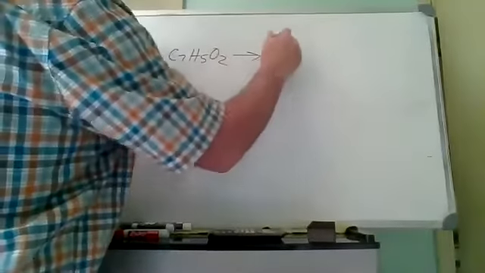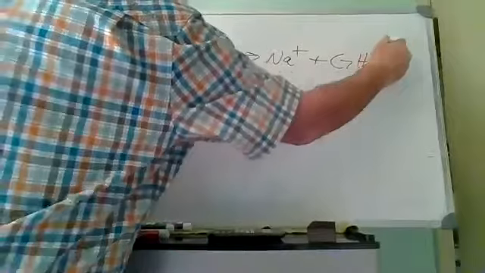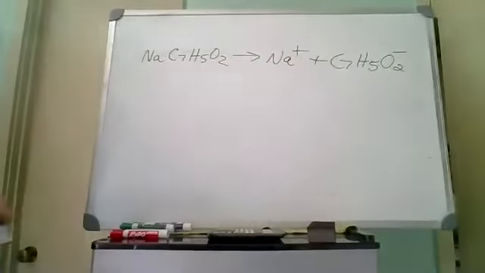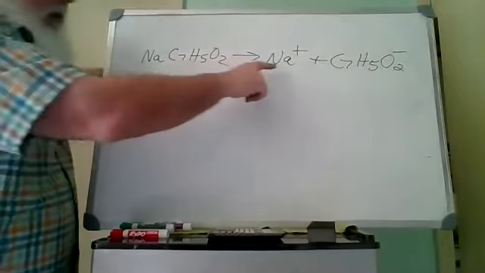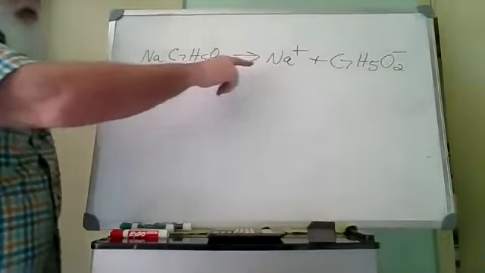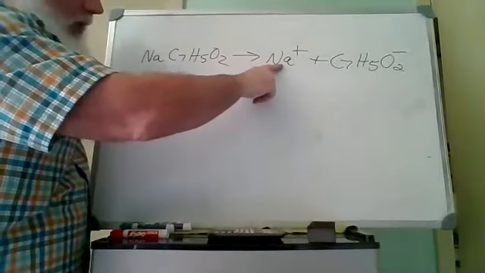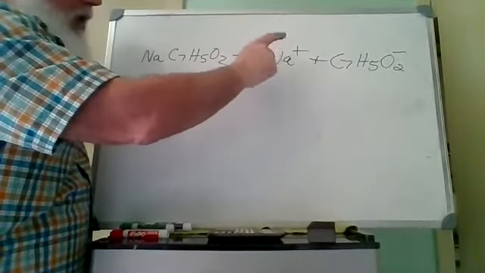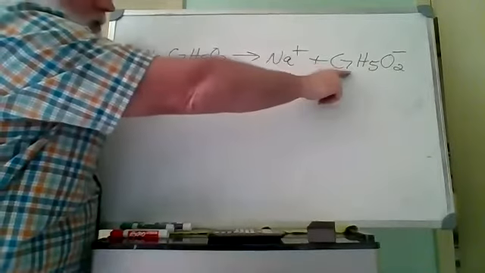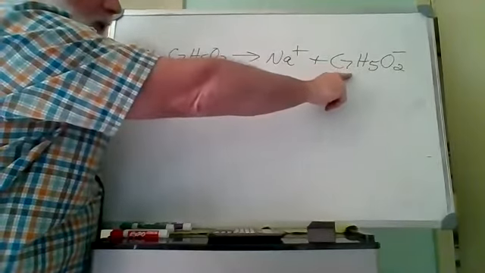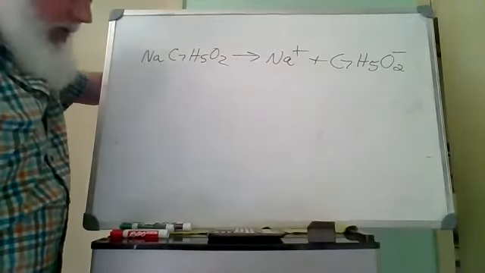I put it into water, it's going to become this, cation and anion. Now again, the sodium ion comes from dissociation of a strong base, so it's the conjugate acid of a strong base. It does not react with water. This is the conjugate base of a weak acid. It will react with water. It's capable of being hydrolyzed by water.